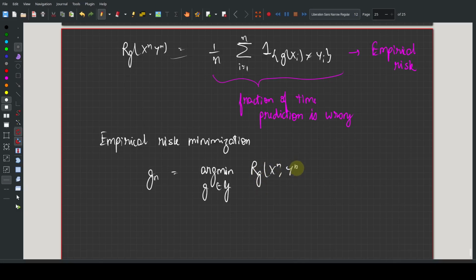So given these samples, I try to find the function G which minimizes this empirical risk. For example, if I'm performing empirical risk minimization over a class of 2-layer feed-forward neural networks, then effectively I'm taking the argmin over all possible weights of the neural network of the empirical risk.